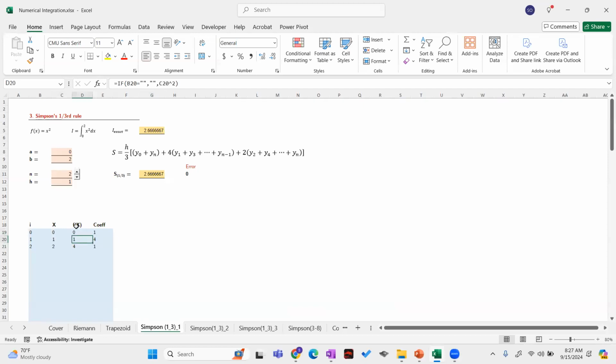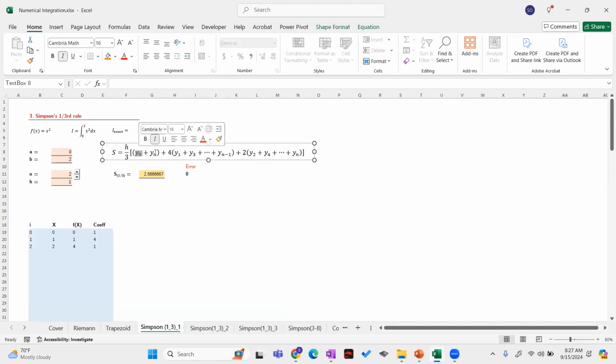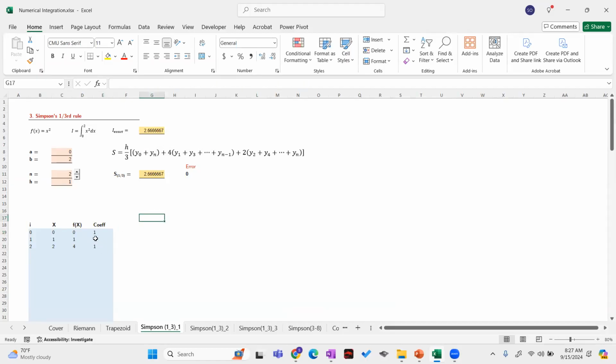Evaluate the functions, which are the y's: y0, y1, y2. The coefficient of the first one would be 1. The last one will also be 1 because y0, yn, right? The intermediate ones you have to check. If it is an odd position, so this is y1, that belongs to the odd group and it has a coefficient of 4. Since there is nothing else, I stop here.